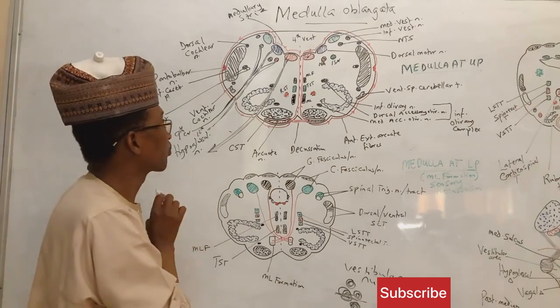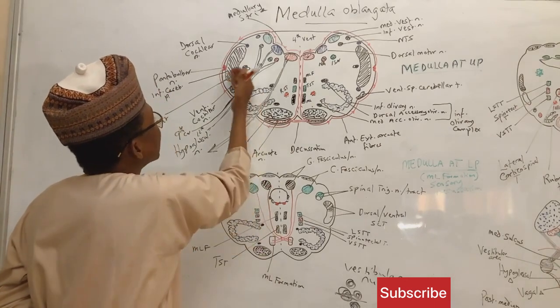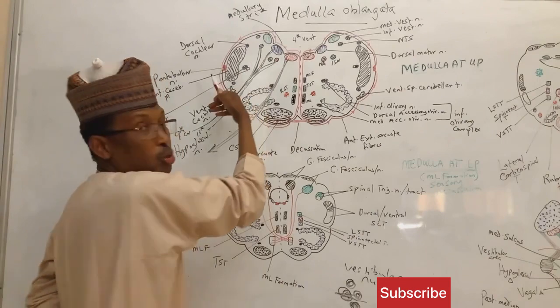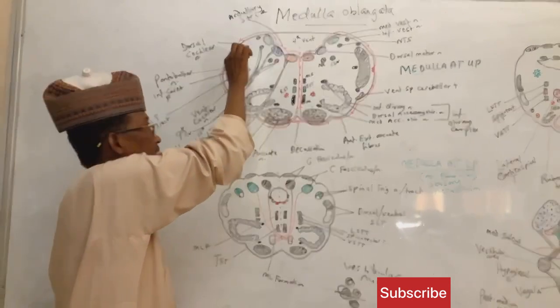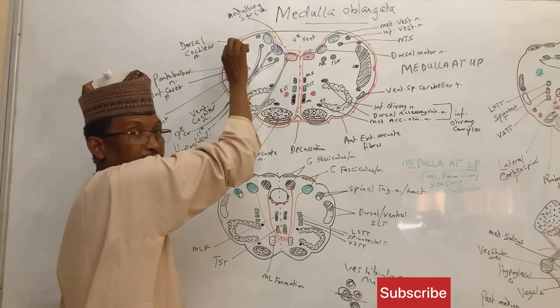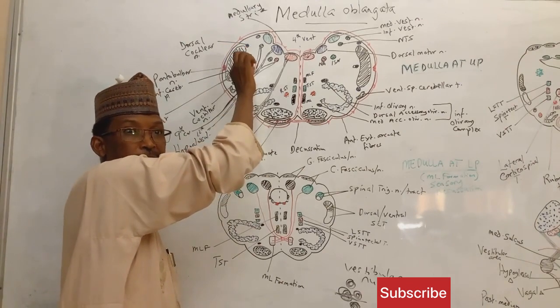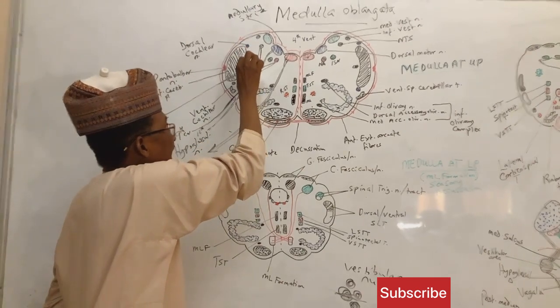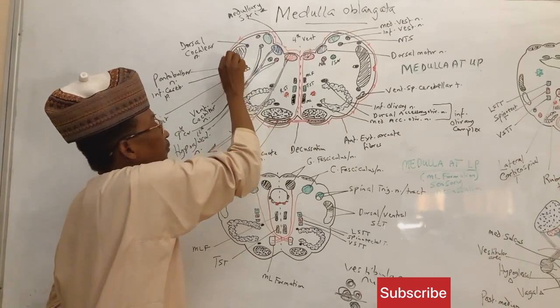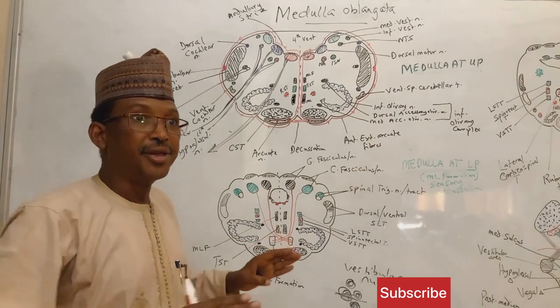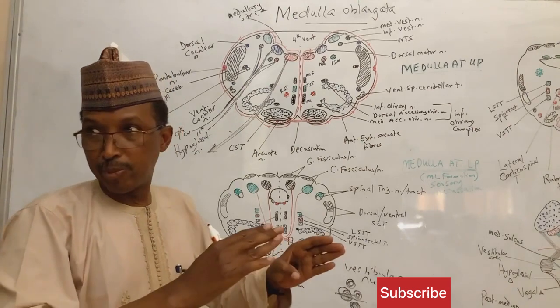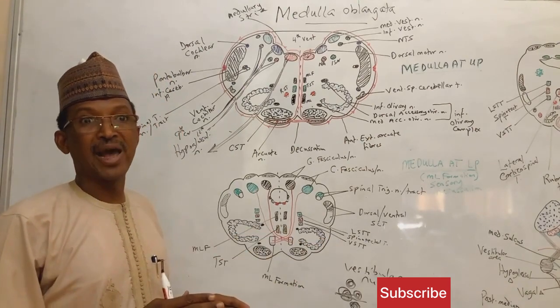Now, lateral to these 2 nerves that exit, we have the spinal trigeminal nerve nucleus and tract lying just lateral to the inferior cerebellar peduncle. If you can remember, we said that the medulla is connected to the cerebellum by the inferior cerebellar peduncle.